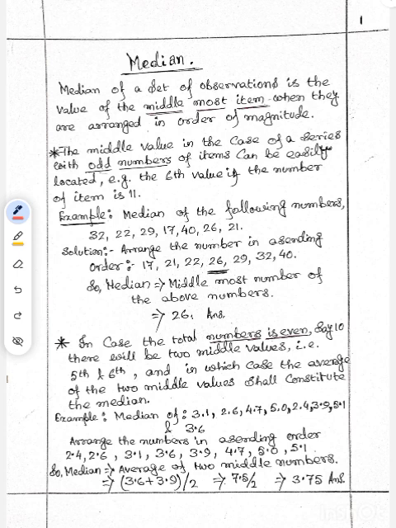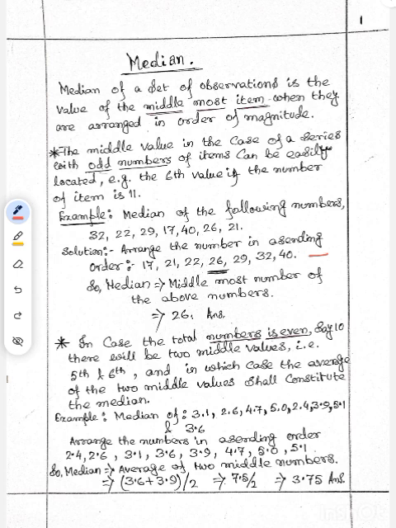Okay. Another example, median of the following numbers: 32, 22, 29, 17, 40, 26 and 21. It is a series having 7 numbers. So first we have to arrange the numbers in ascending order, that is 17, 21, 22, 26, 29, 32 and 40.